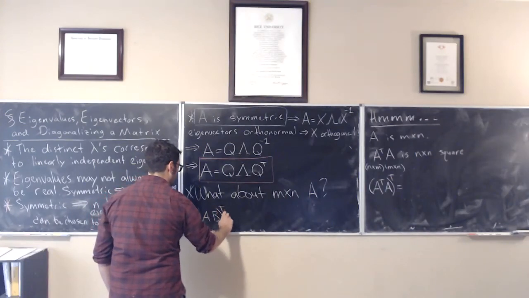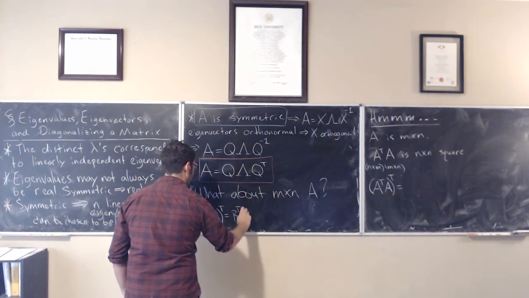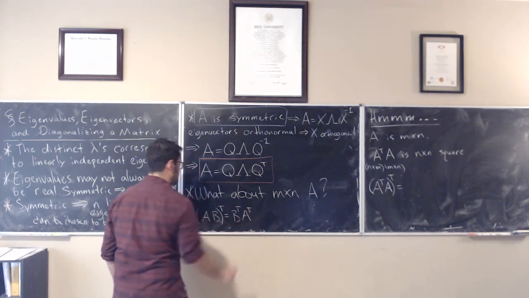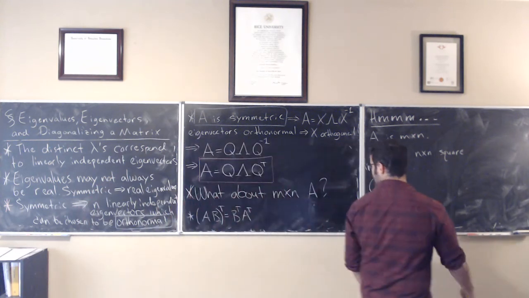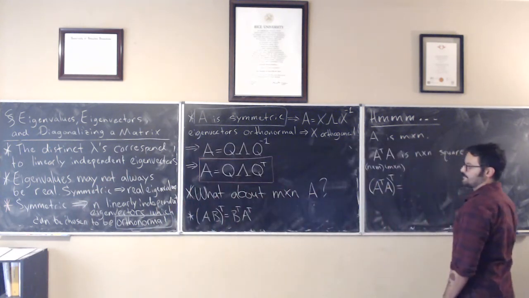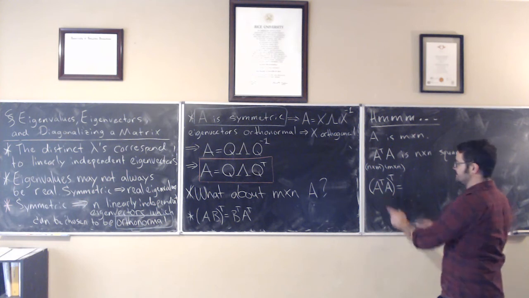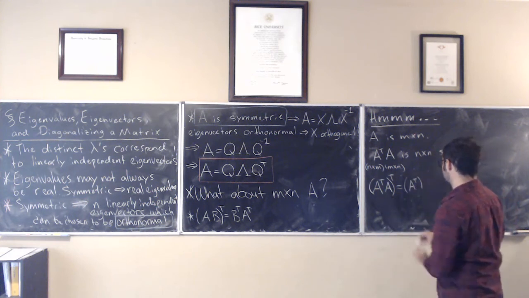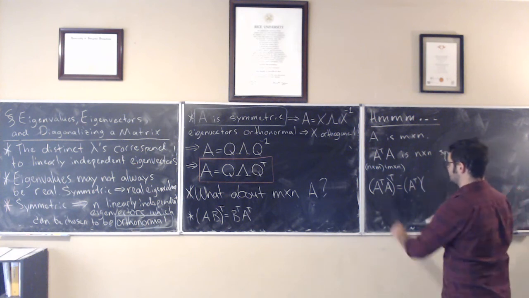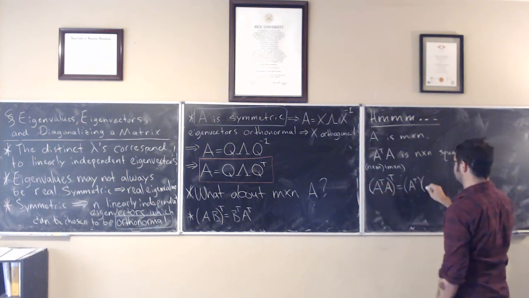A times B, transposed, is B transpose times A transpose. That's just a fact. So what is this going to be? This is going to be A transpose times, so it's this transpose times that transpose.